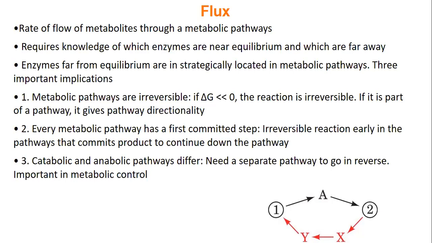You're going through your different cycles there, right? And these enzymes, like I said, control everything, and they have three important implications as shown here. If they're irreversible, delta G is a big negative number, and that's what makes us go in one direction. When we look at these pathways, we will see what's called a committed step. That is an enzyme that is irreversible very early in the pathway.